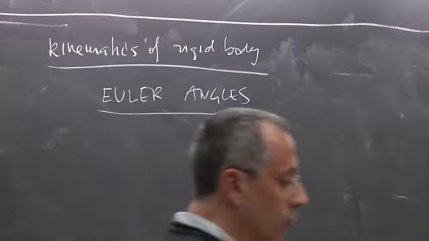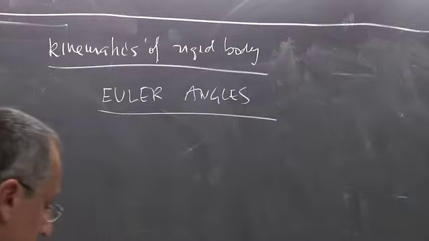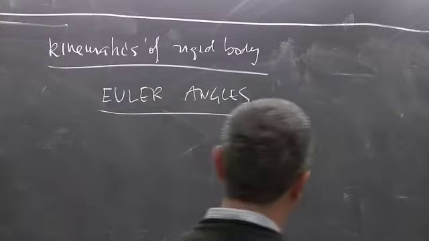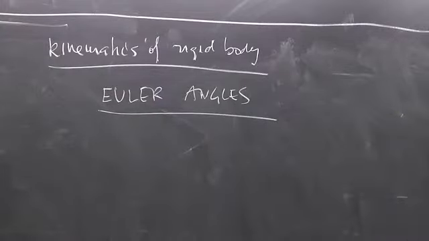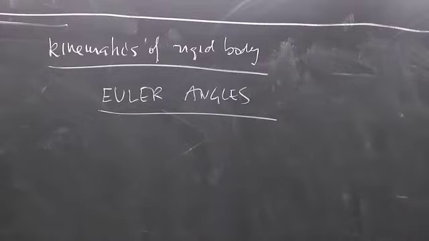So I have to introduce these angles. So let me try. This is always confusing because I have to describe a rotation in 3 dimensions by drawing on a 2-dimensional blackboard. But okay, so I start. So you see, to define the angles, essentially I start from a given set of axes.